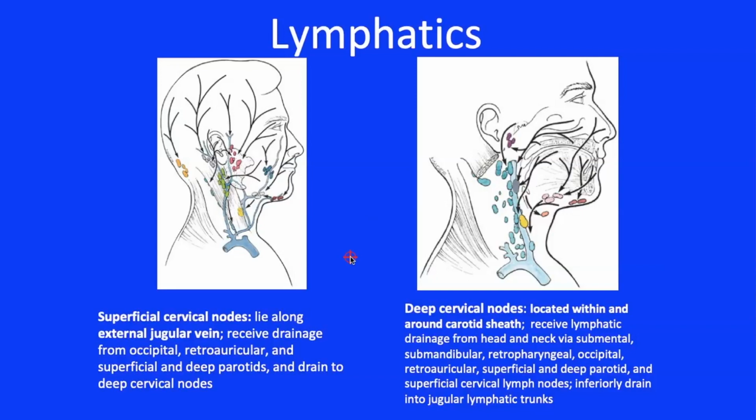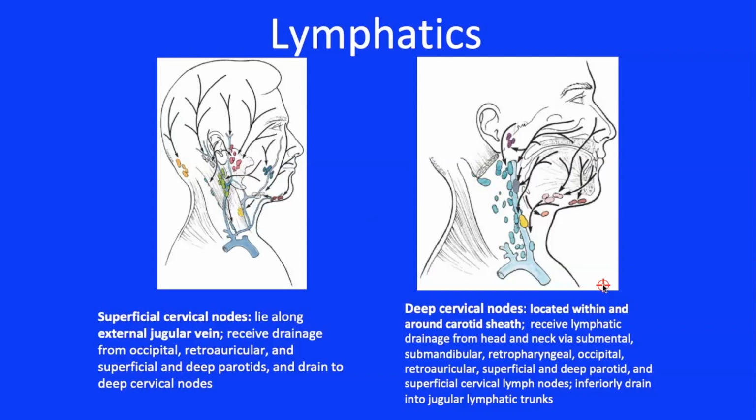Suffices to know that superficial cervical lymph nodes lie along the external jugular vein. You may remember your physician feeling for these when your parents took you as a child to the doctor's office after complaining of a sore throat. The superficial nodes will drain to the deep cervical nodes, located within and around the carotid sheath.